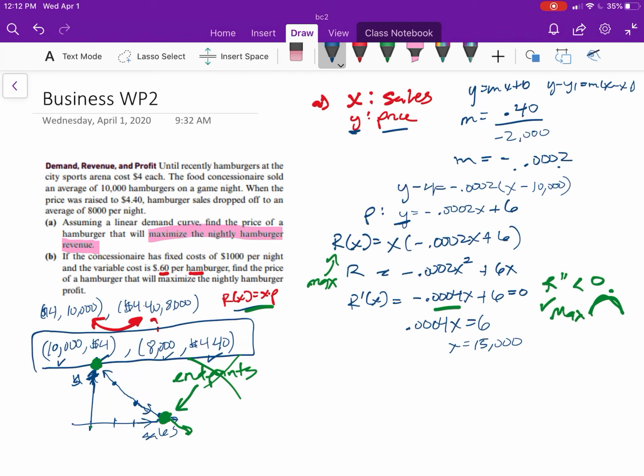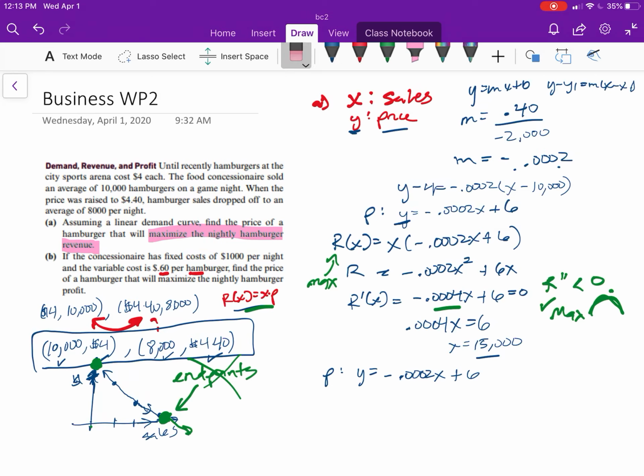Okay. Now, reread the question though. It says find the price of a hamburger. 15,000, right? That's not the price. That is how many are going to be sold at a given price. So the price actually was our other function, right? y equals negative 0.0002x plus 6.